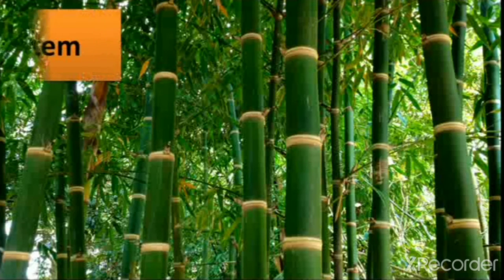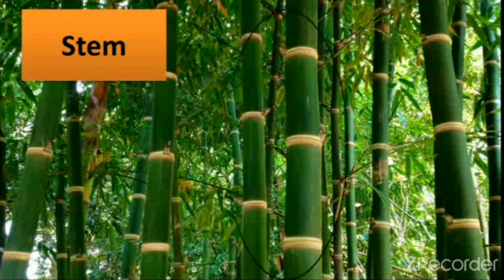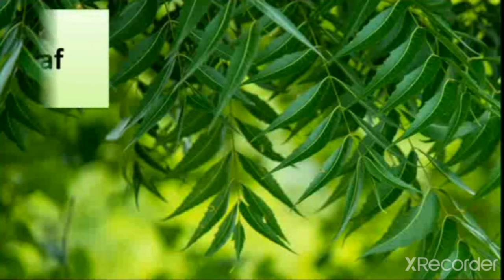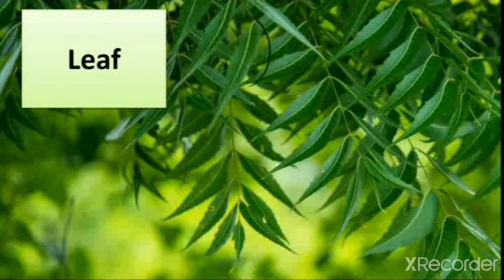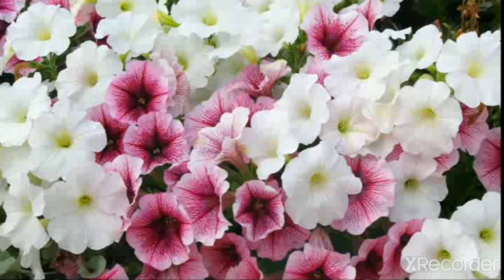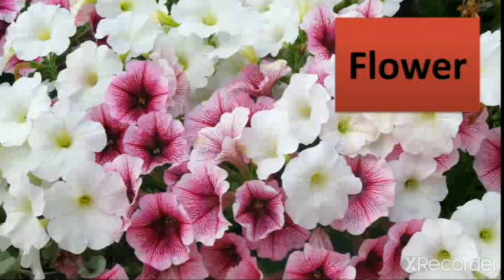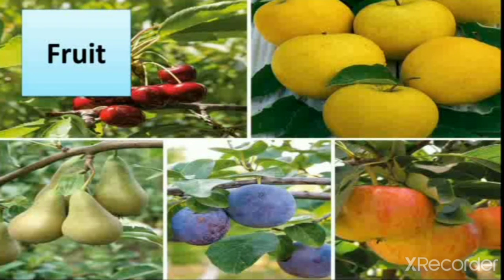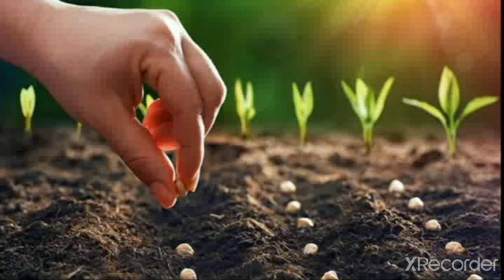Then stem. Then leaf. Neem tree leaf. Then we learn about flowers and fruit. So these all are parts of the plant which we learned yesterday.